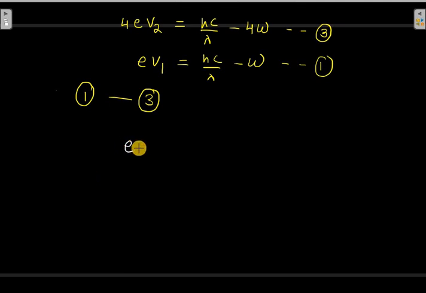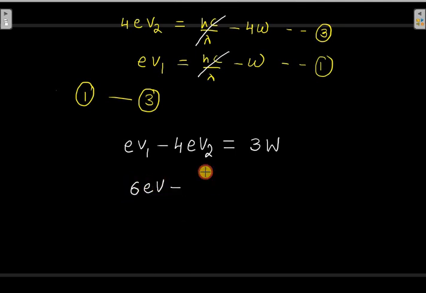e into V1 minus 4 into e into V2 will be equal to basically, this hc by lambda will be cancelled out, and that becomes 3W. On putting the value of V1 and V2, that comes out to be 6 electron volt minus 4 into 0.6 electron volt equal to 3W.